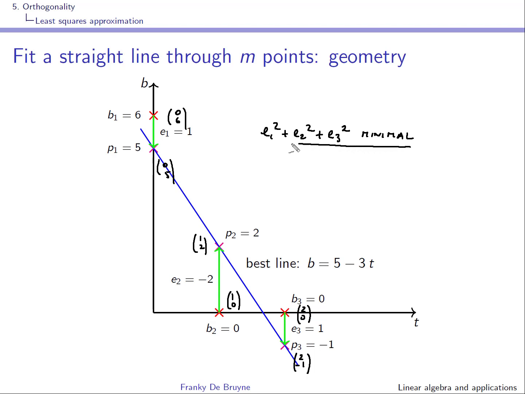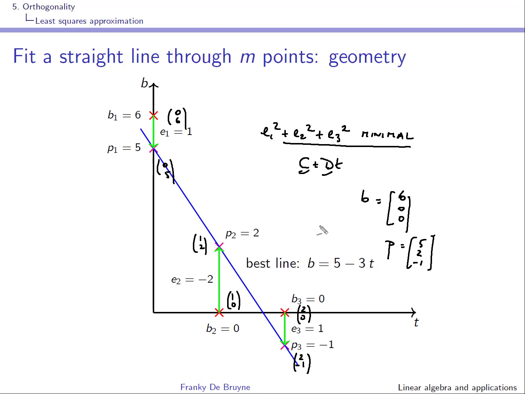Okay, and we were looking for a line C plus Dt, and the coefficients C and D that will make this as small as possible are the solutions of the least squares problem. Okay, so b was (6, 0, 0). The projection here is (5, 2, -1).